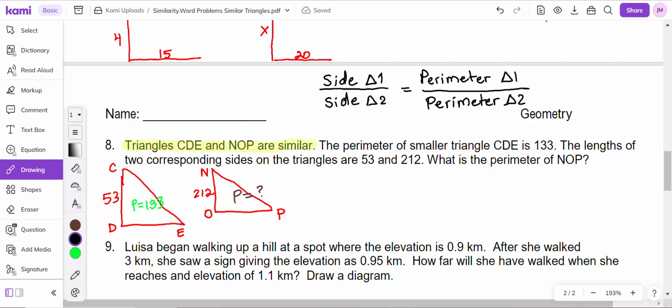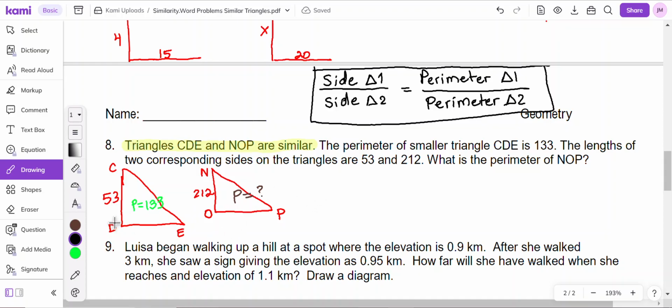Same scale factor. If you take the perimeters and you divide them, you get the same scale factor as the sides to the sides. They're all the same. Clear? It's something that you have to memorize. It makes sense. Perimeter is a length, sides are lengths.